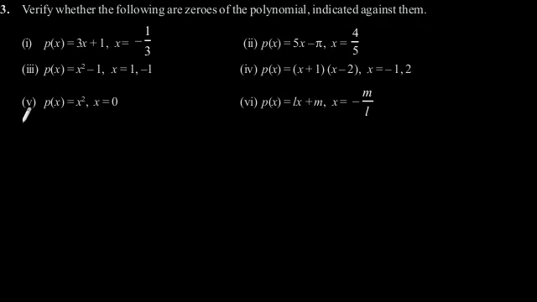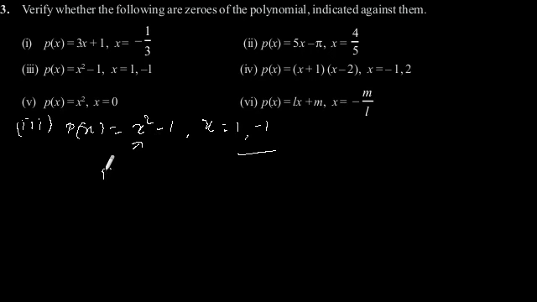Third, p(x) is equal to x square minus 1, x is equal to 1 and minus 1. So if x is equal to 1 and minus 1 are zeros of the polynomial x square minus 1, then p(1) and p(minus 1) should be equal to 0.